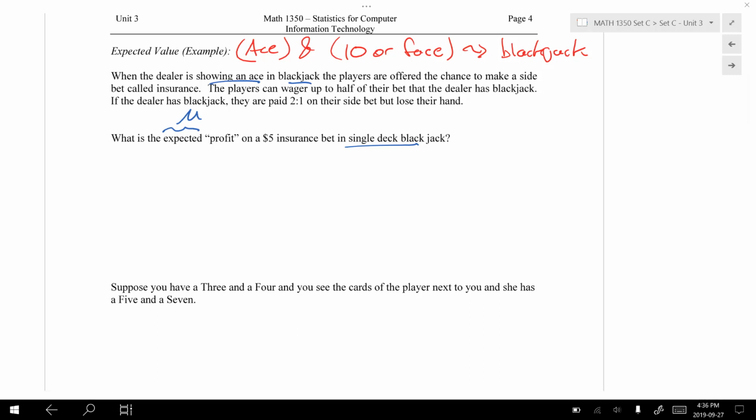Casinos often use multiple decks, which makes this kind of computing less doable, and so they always win and we will lose. But let's play this one now. So let's think about x to be the profit. That's the thing we're interested in on our insurance bet.